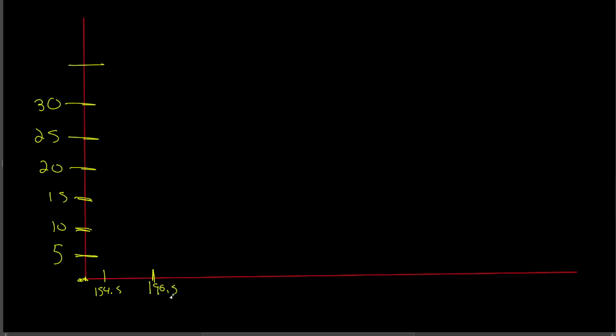So notice I'm using the class boundaries that I've recalculated here because I want them to be smooth. 190.5, 226.5, 262.5, 298.5, 334.5, 370.5, and 406.5.